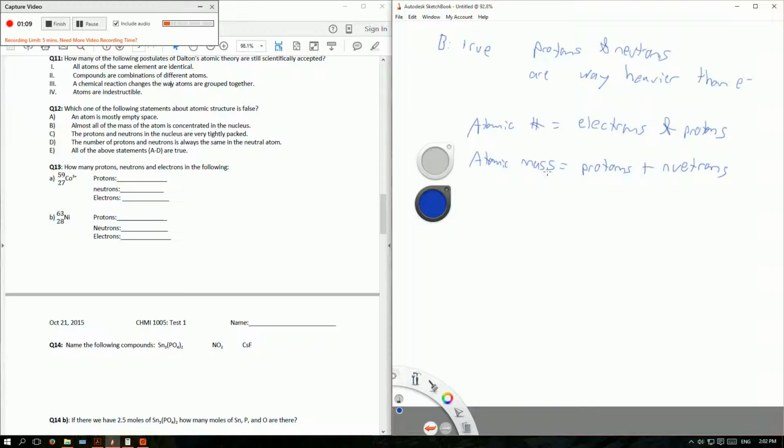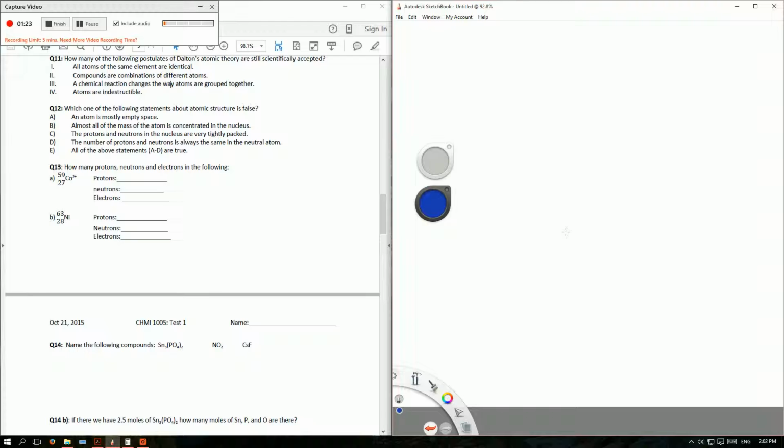So the mass doesn't depend on the electrons at all. Basically, they're negligible, like they weigh so much less that they don't contribute to the mass when we're looking at that.